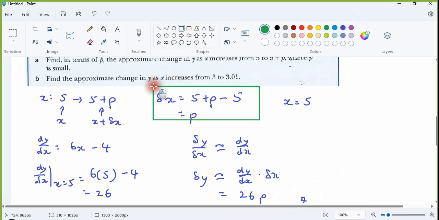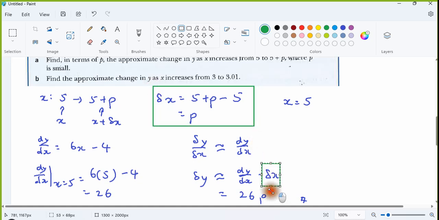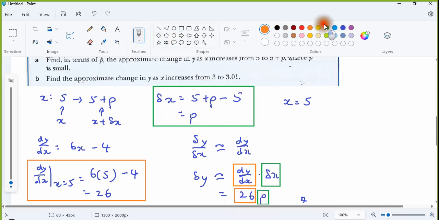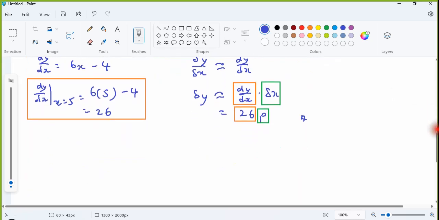Because del x here, the small change of x, is p, and dy/dx here is 26. So the answer will be 26p.